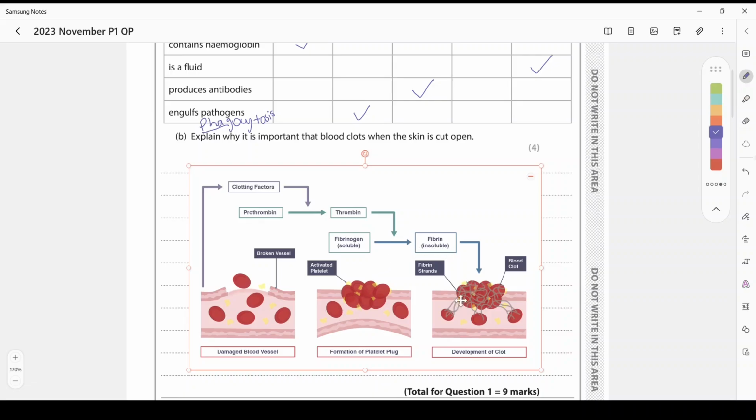And you can see that there. So this fibrin sort of forms a mesh, and that would prevent blood from leaving the blood vessels. And it would also prevent pathogens from entering the blood vessels as well. Another thing it also does is protects our skin when it's undergoing that healing process.